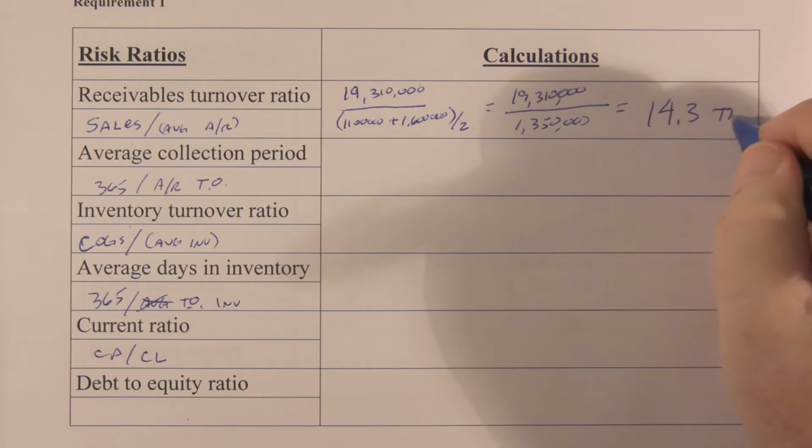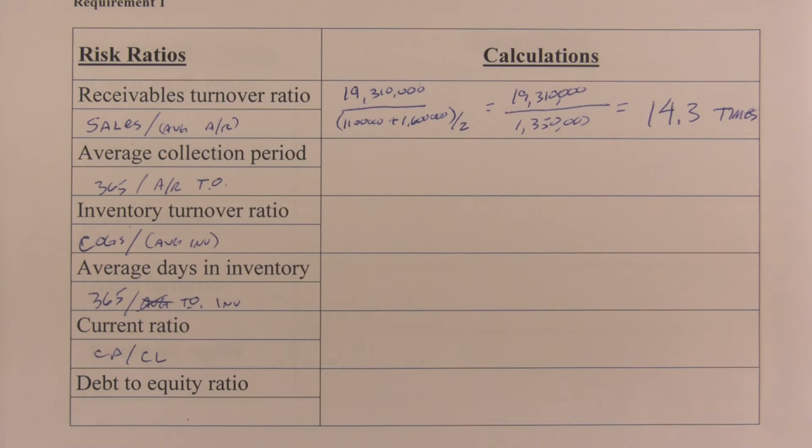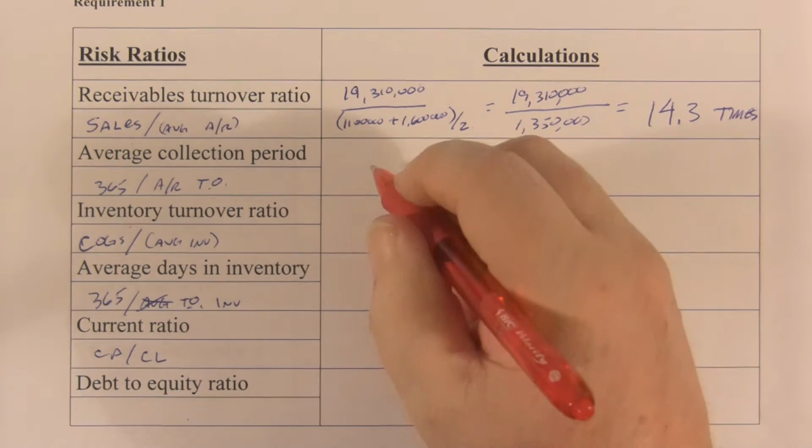And that would be 14.3 times. In other words, this company collects all of its bills and replaces them with new bills 14.3 times a year. Related to that is how long does that take? What is the average collection period?